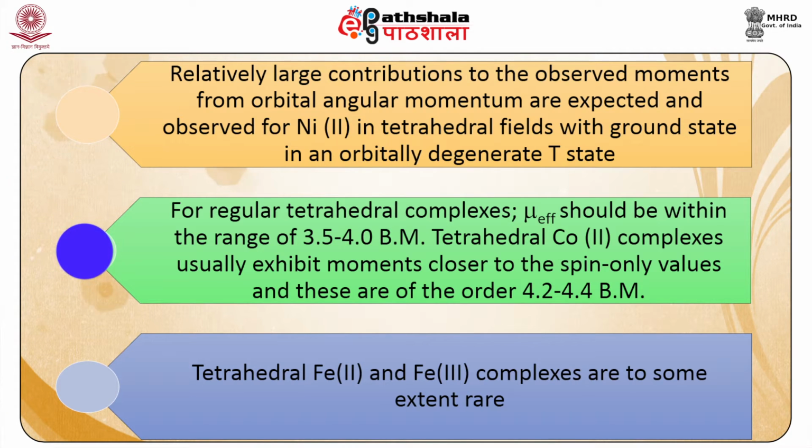Tetrahedral cobalt 2 plus complexes usually exhibit moments closer to the spin only value, and these are of the order 4.2 to 4.4 Bohr magneton. Tetrahedral Fe2 plus and Fe3 plus complexes are somewhat rare.